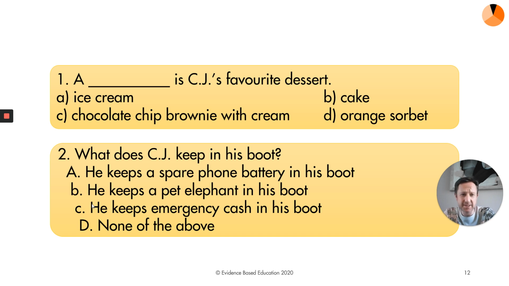And in the second question, what does CJ keep in his boot? So he's gone for this vertical formatting, but he's gone for a rather natty diagonal there, which is just distracting for a start. He's got a capital A and a capital D, and then lowercase b and c.